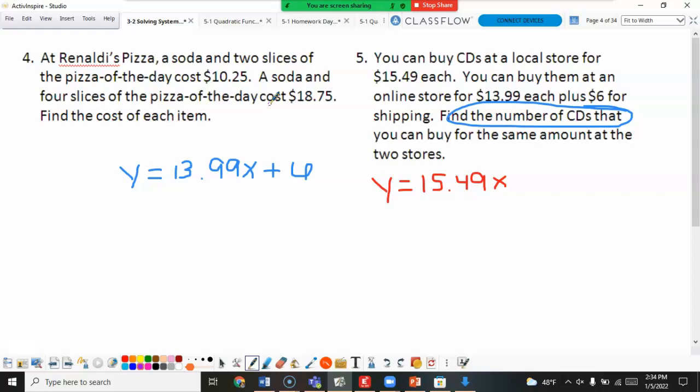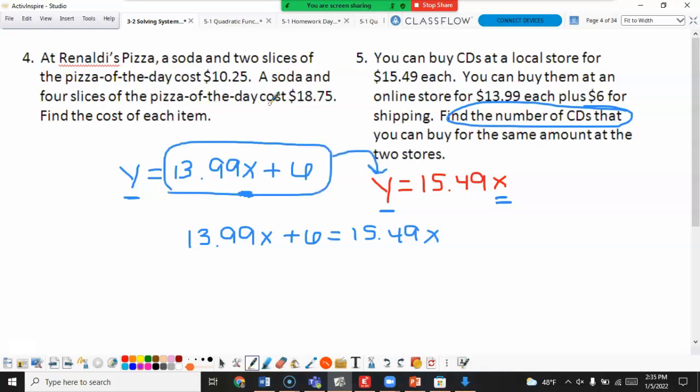So if y represents the cost of the CDs and x represents the number of CDs, we're going to set the two costs equal to each other. Because you're basically substituting one y in for the other. So I took that 13.99x and replaced this y here.